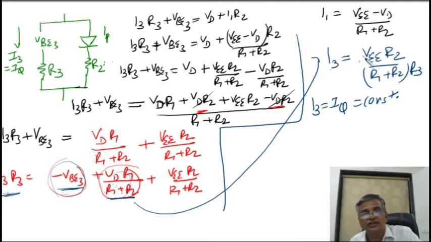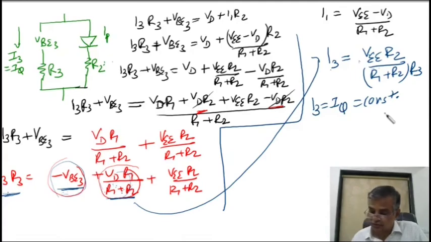Resistor is constant, so it is a constant quantity. This does not even depend upon transistor parameters like hfe, hie, hoe, hre, which are temperature dependent. So I can say I3 is constant, and I3 is nothing but the IQ.